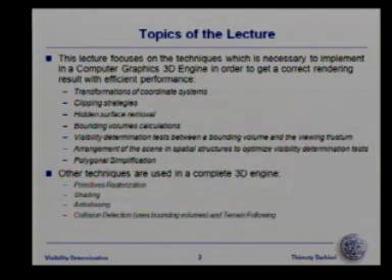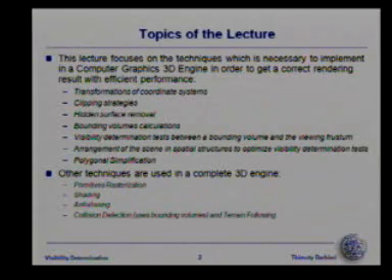So just to name a few of the basic methodologies that you might want to look at and study, we have transformations of coordinate systems. Before applying a specific calculation or processing, very rarely do we apply it by staying in world coordinates or frame coordinates, so to speak, with OpenGL.